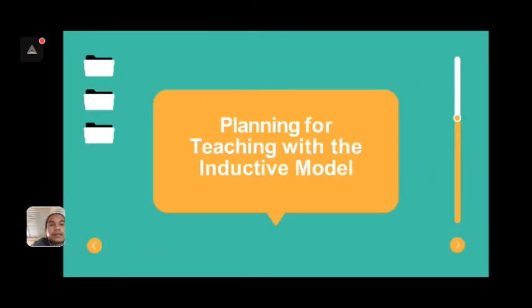Okay, so now I will just explain planning for teaching with the inductive model. Teachers who carefully plan their use of the inductive model will enjoy its implementation all the more. They will be better able to respond to unanticipated student needs as they arise.